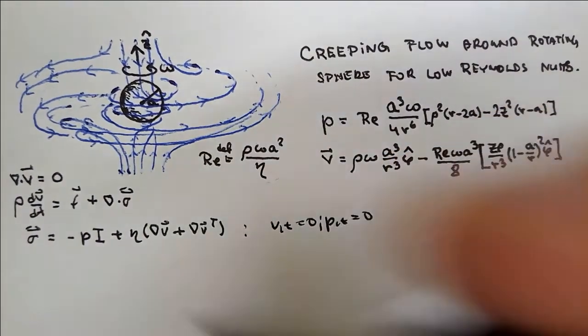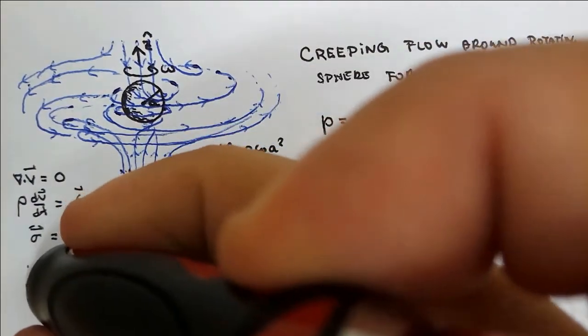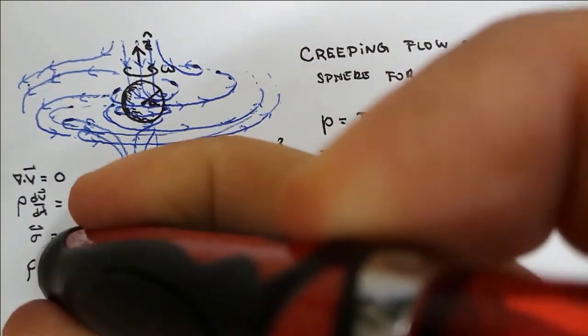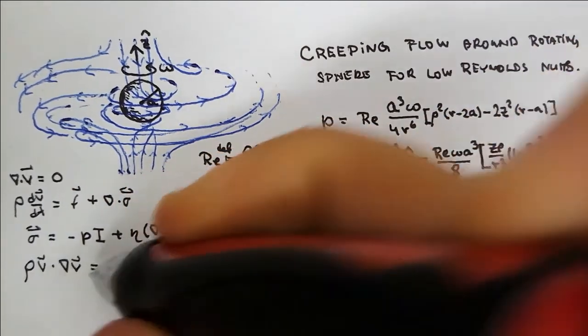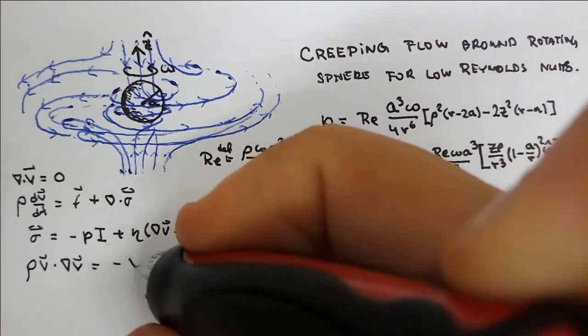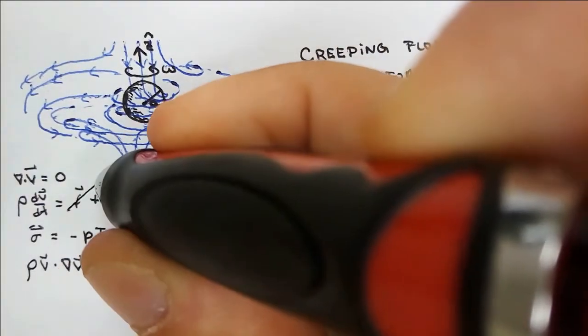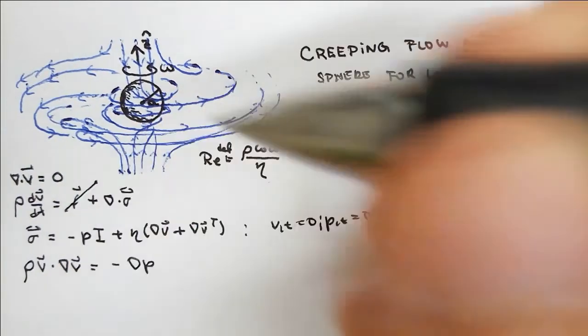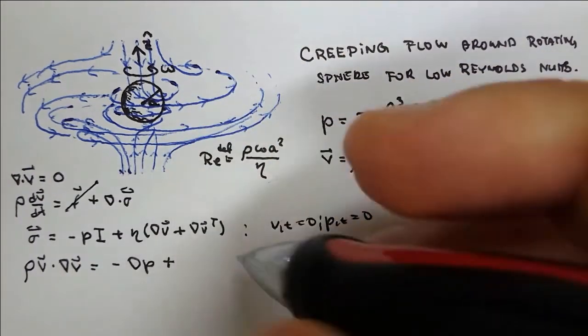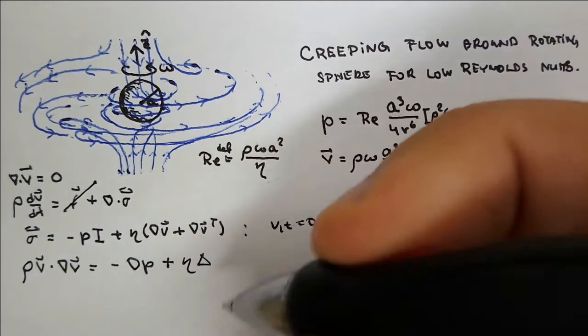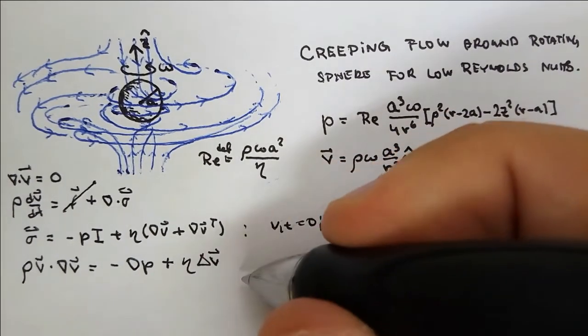So this is rho v dot gradient of v, equal to minus gradient of p, because there are no internal forces, we will be assuming, plus eta, the dynamic viscosity, times the Laplacian of v.